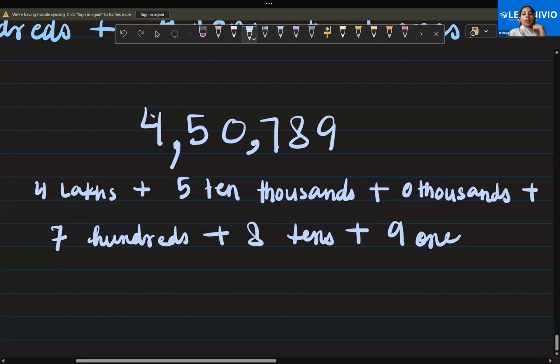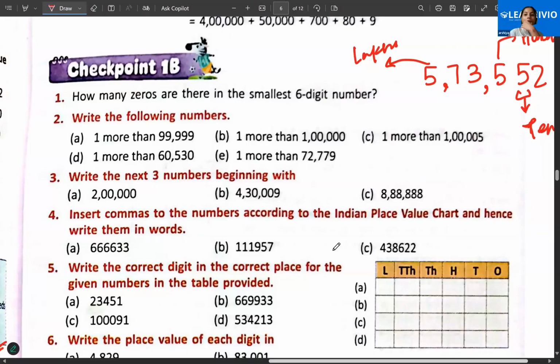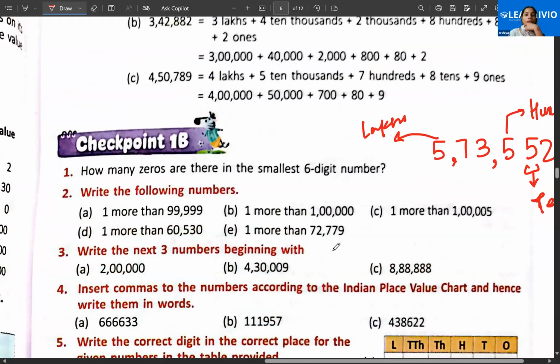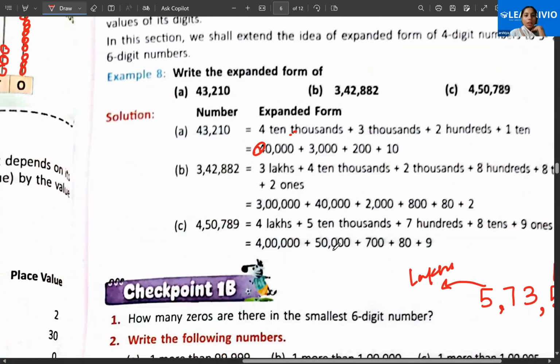All right. Now, wait, let me share a different screen. All right. Can you see the screen? Yes. Okay. So we have done all this.